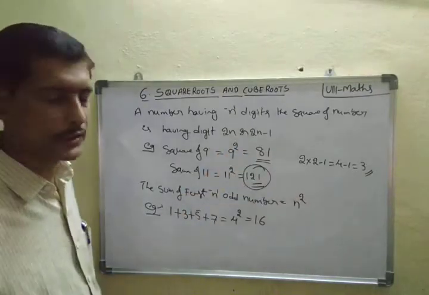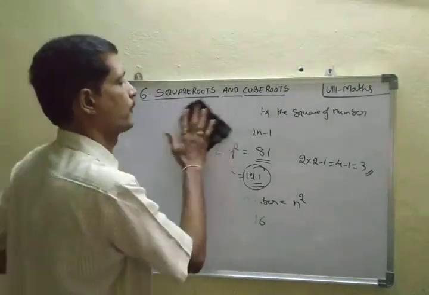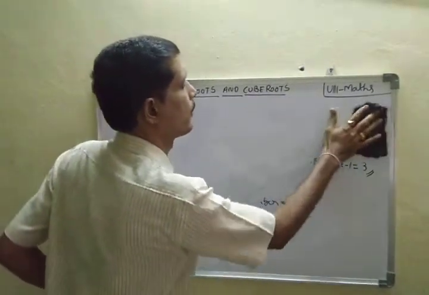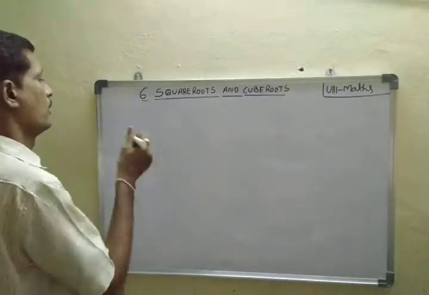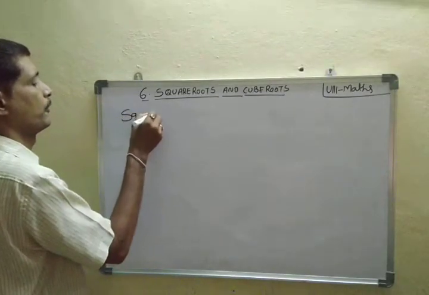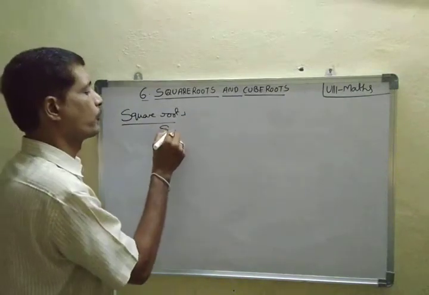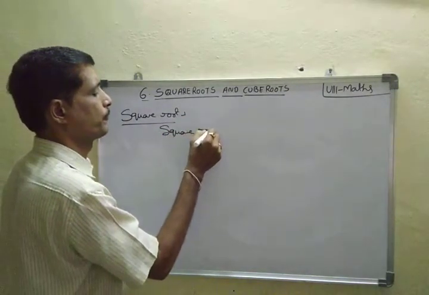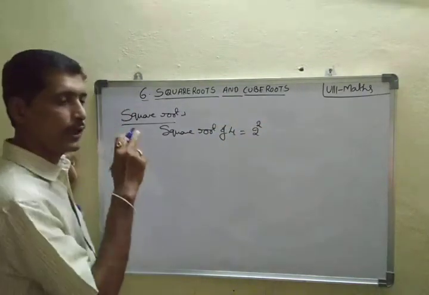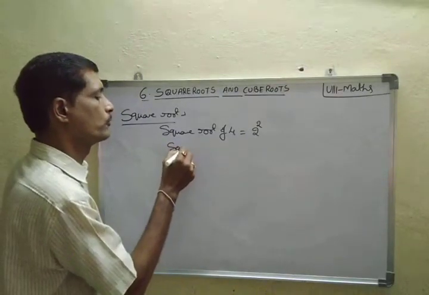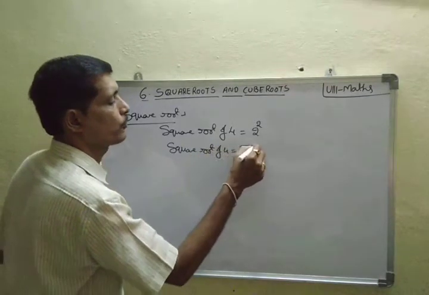Okay. Next one is square root. Suppose the square root of 4. 4 can be written as 2 squared. Therefore, the square root of 4 equals 2. The square root of 4 is root of 2 squared.